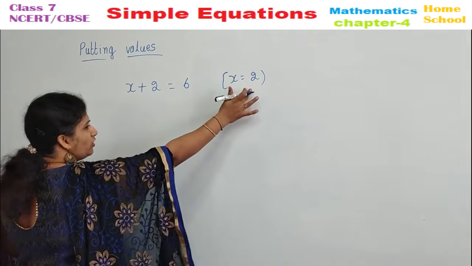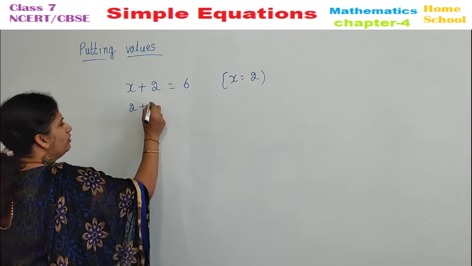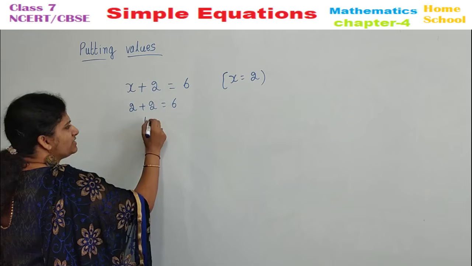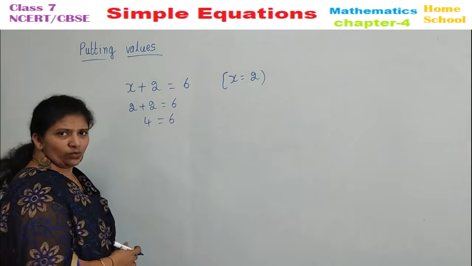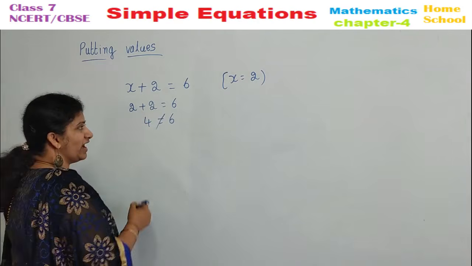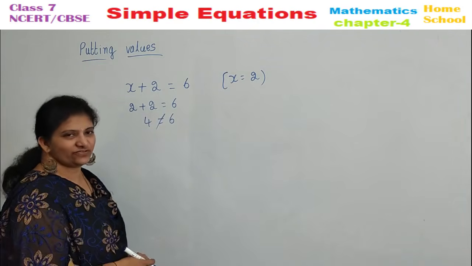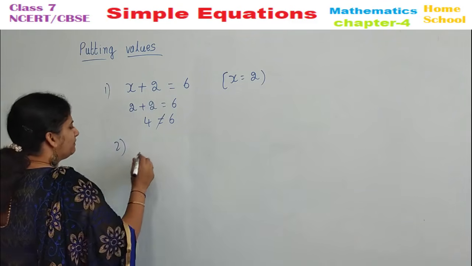What is x value? 2. Where you have x, substitute 2. 2 plus 2 equal to 6. 2 plus 2 how much? 4 equal to 6. Are these two equal? No, these two are not equal. It is not satisfied.